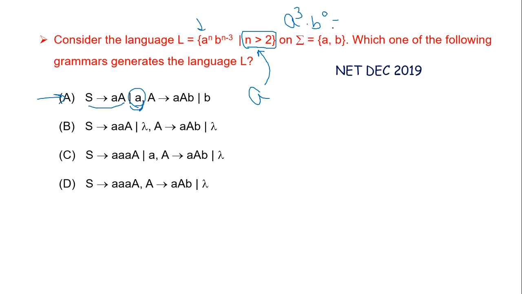So it will be a cube, right? But the smallest string from option A is single a. So option A cannot be our right answer. So we will just cross it.